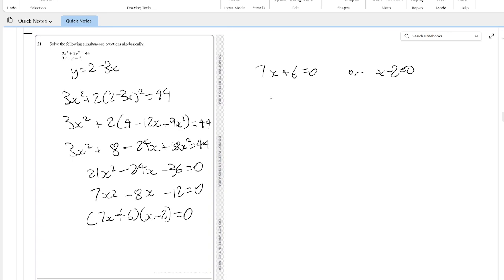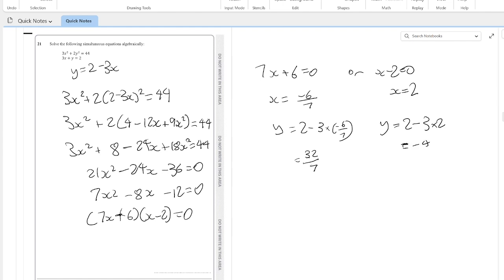First of all, if x is minus 6 over 7, then y equals 2 minus 3x, and if we plug this into our calculator, we get 32 over 7. However, in the other case, if x equals 2, then y equals 2 minus 3 times 2, which equals minus 4.